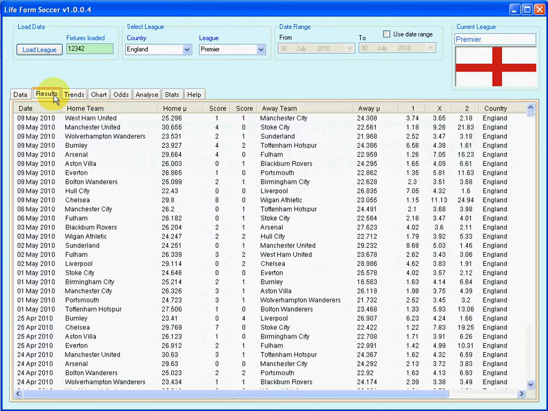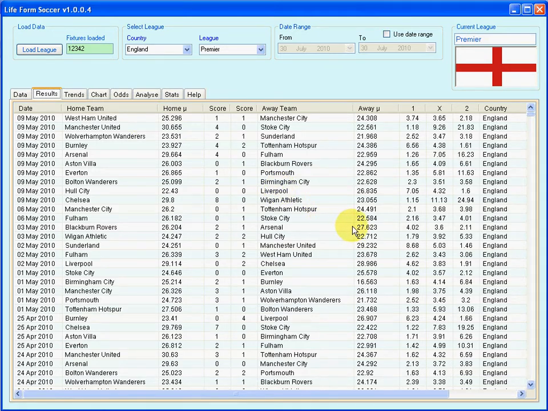Likewise, if we were to choose an imaginary matchup with an away team advantage, so for example West Ham versus Arsenal.